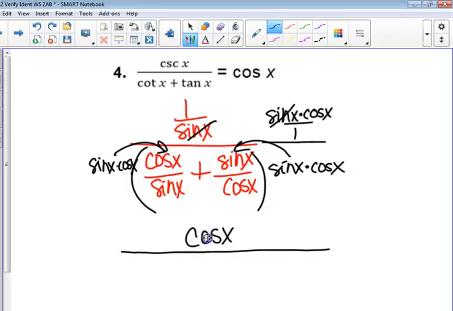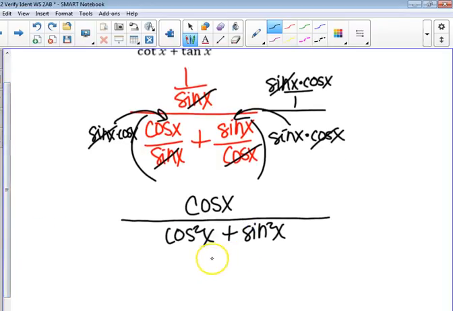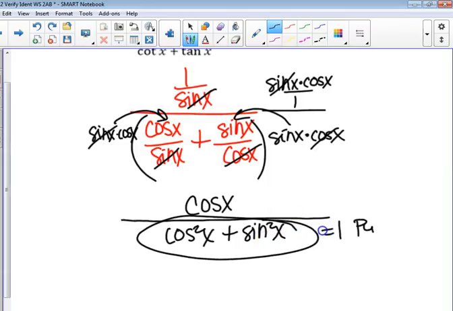On the bottom, when I distribute it to this piece, what happens? The sines cancel and we get, and here, the cosines cancel and we get, this is a Pythagorean identity that equals 1.